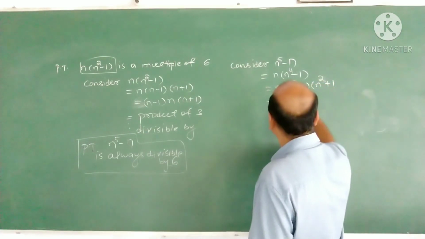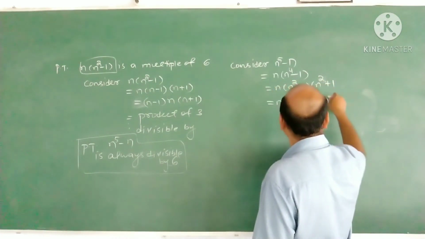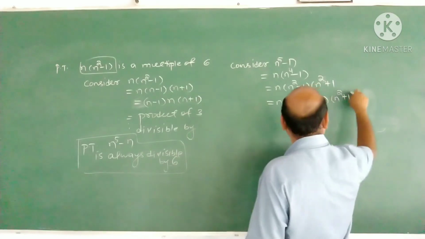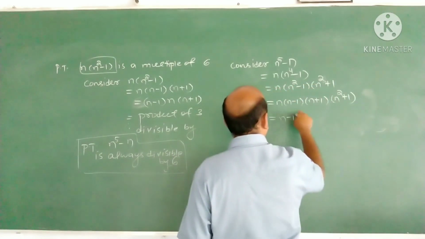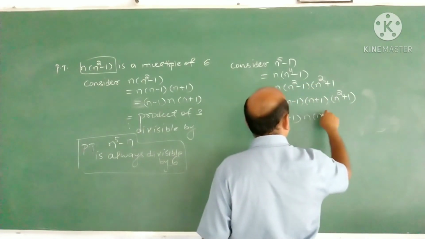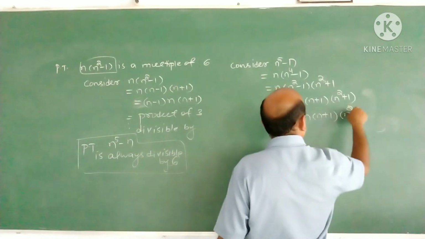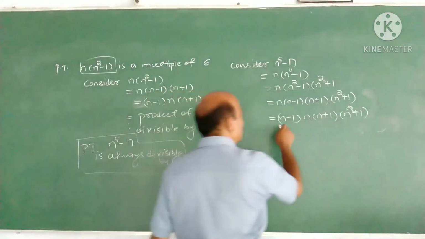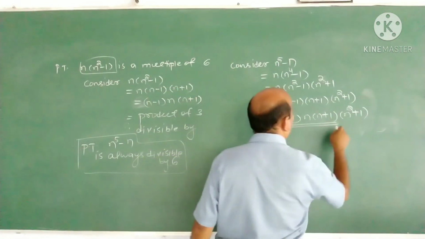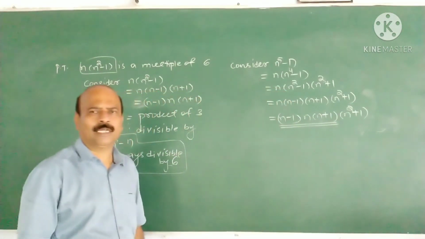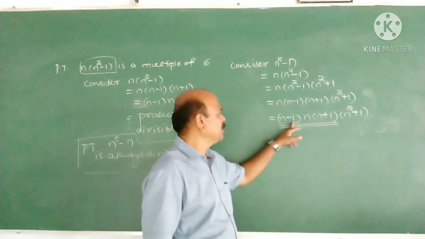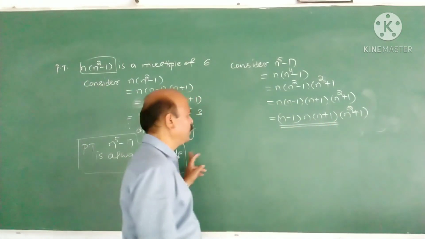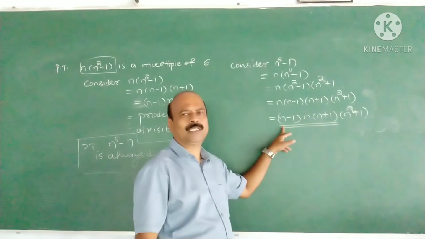It is n into n minus 1, n plus 1 into n square plus 1, or n minus 1, n plus 1, n square plus 1. Now see this part, it is a product of 3 consecutive integers. Therefore this is divisible by 3 factorial, it is divisible by 6.